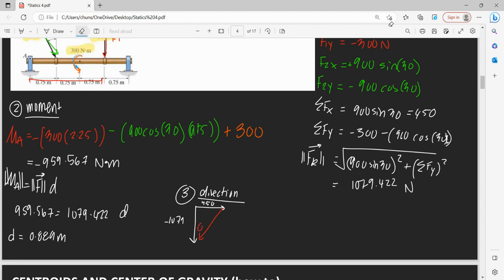So if we want the angle that it makes with the x-axis, this is tan inverse of 1079 over 450, which is equal to 67 degrees. And then we have to add 180 degrees because we're in quadrant 3. So that gives 247 degrees.